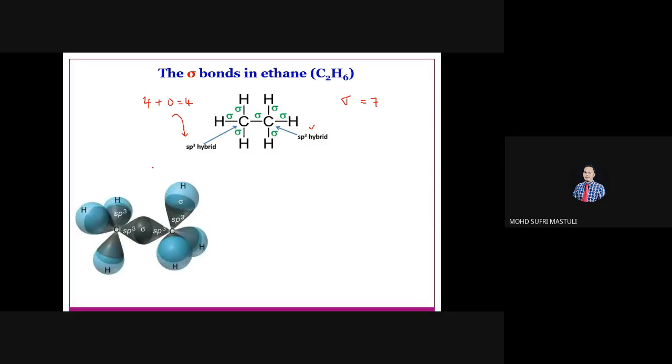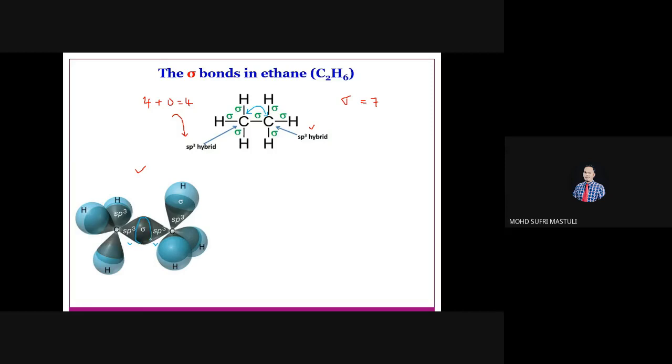This diagram further explains the overlapping. I think you already covered it in the previous video. Between this carbon and this carbon is the overlapping of sp3 with sp3.